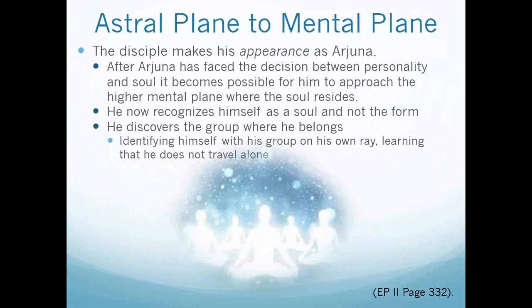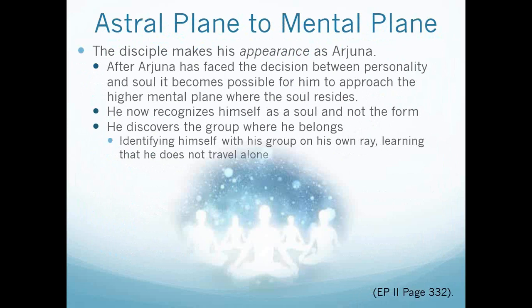Duality is sensed, and the battle of the opposites occurs. The disciple makes his appearance as Arjuna, and after the battle, when Arjuna has made his fateful decision between personality and soul, it becomes possible for him to approach the higher mental plane where the soul resides.